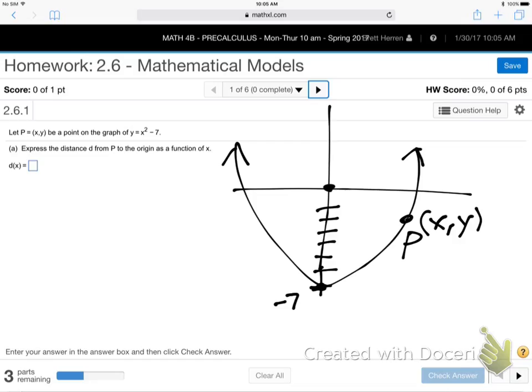The origin's here, that's (0, 0). They want me to write a formula for the distance between those. Does that make sense? So at some point P, what's the distance to the origin? Find a formula for it.